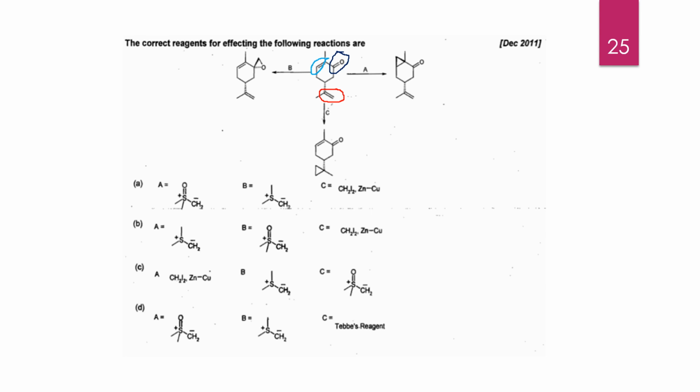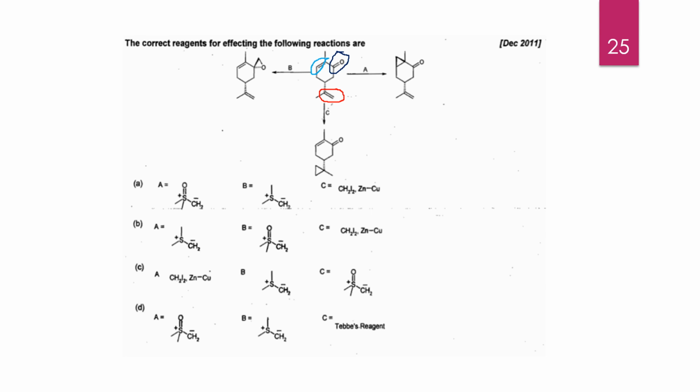When this type of alpha beta unsaturated double bond undergoes cyclopropanation, what reagent do you use? Sulfoxonium ylide. And when the carbonyl reacts, giving us the epoxide, what reagent do you use? Sulfonium ylide.